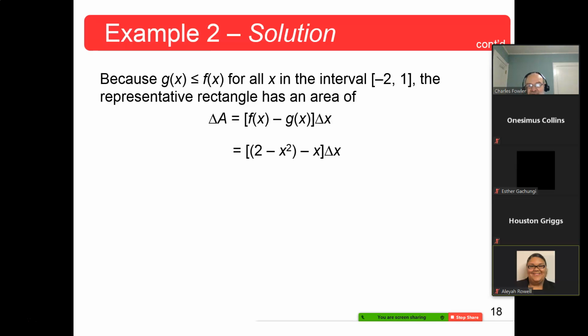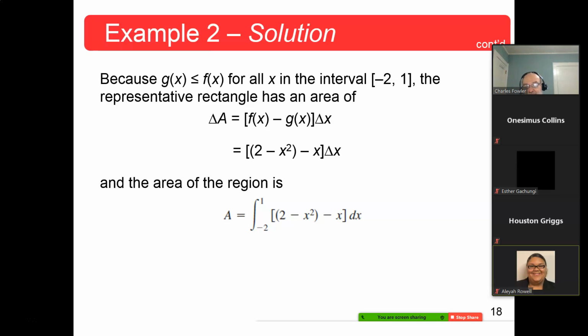That's saying 2 minus x squared minus x, because g of x was x, times delta x. So when you take the limit, the area then would be the integral from -2 to 1 of 2 minus x squared minus x dx.